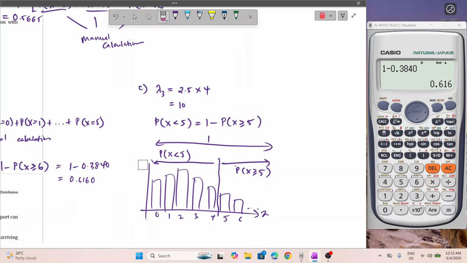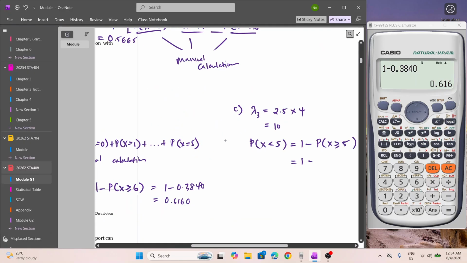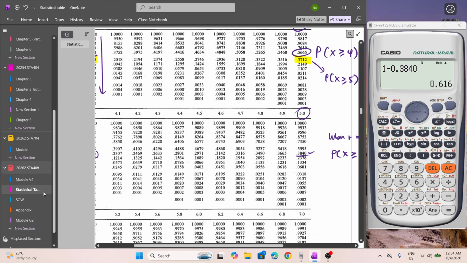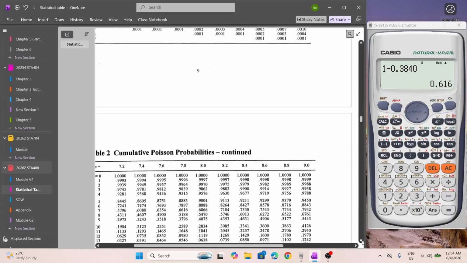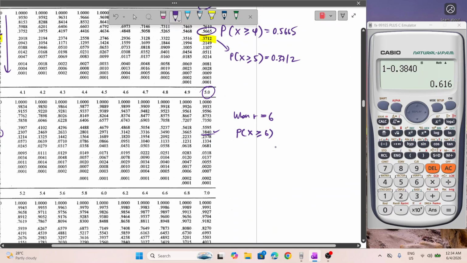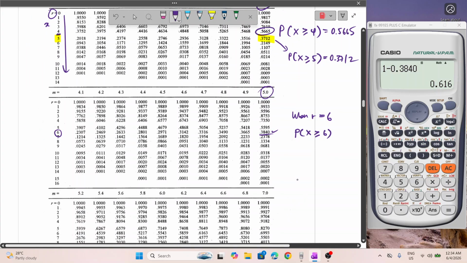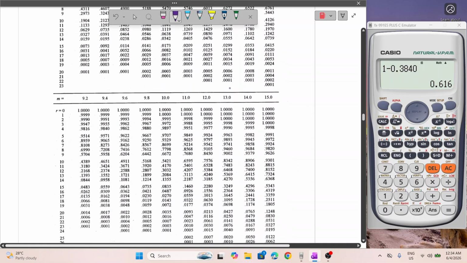Okay, now let's erase this. So 1 minus what is the probability value? Again, let's look at the statistical table and find our new lambda, which is equal to 10. Find m or lambda equal to 10.